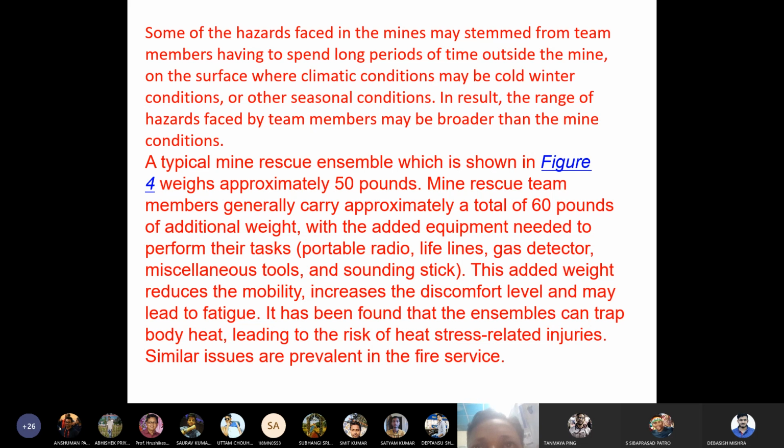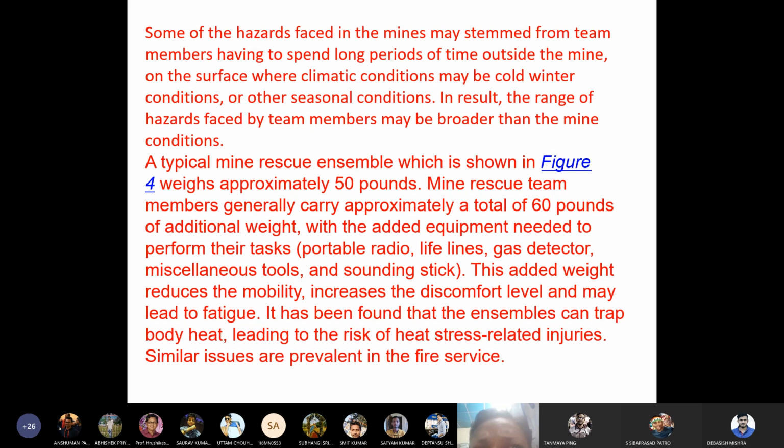As a result, the range of hazards faced by team members may be broader than the mine conditions. The mine rescue team members, while they carry out rescue operations, have to face a variety of hazards inside the mine. So a typical mine rescue equipment is shown in this figure.